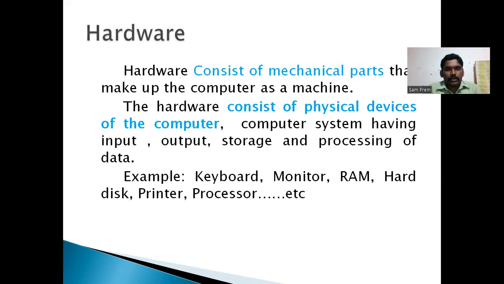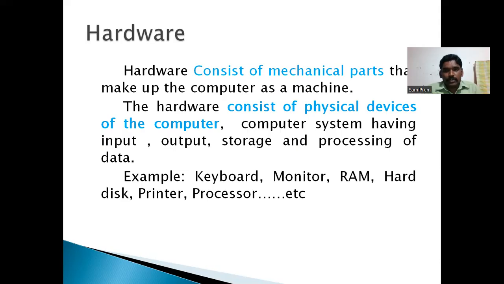First one, hardware. Hardware is nothing but a physical device. The physical devices that are connected to the computer are called hardware. A computer has more than one piece of hardware, which are mechanical parts. Each part has different operations and different behavior.